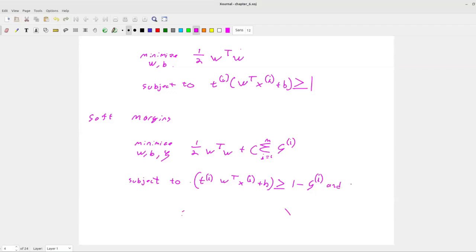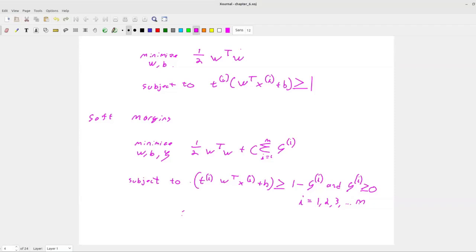and zeta of i needs to be greater than or equal to 0, because if it's not, then we'll just get trivial answers for i equals 1, 2, 3, all the way up to m for the number of data points that we have.